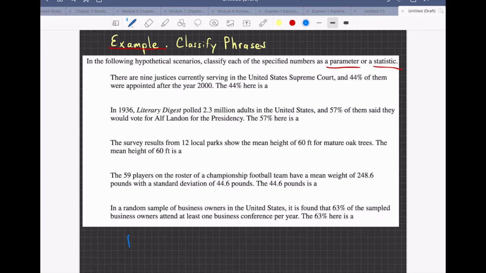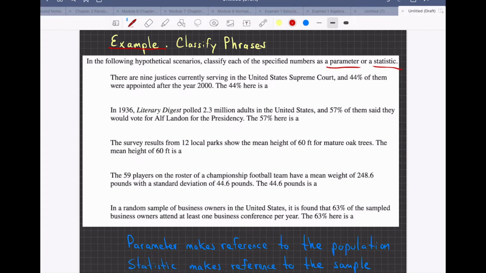Well, essentially, a parameter makes reference to the population, and a statistic makes reference to the sample. So we're going to need to know that.